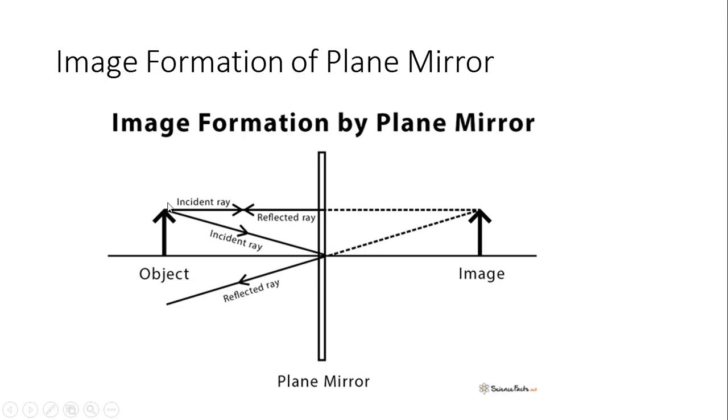And first, the light comes from above of the object straight toward the mirror, so just like this, and because the direction is 90 degrees from the plane mirror like this, if you have a protractor and measure the degree, you will get 90 degrees as the result.